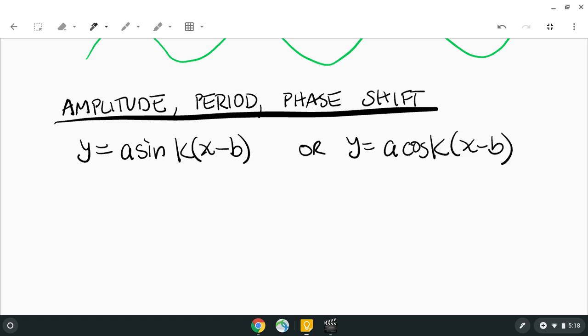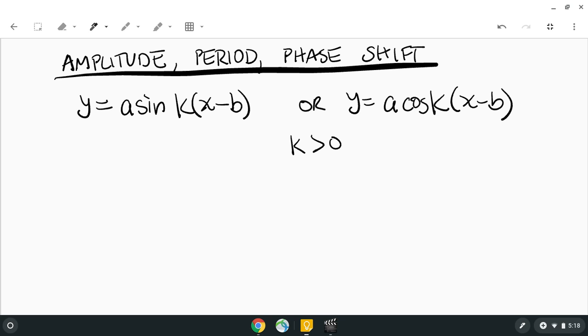So let me give you the equation for the sine and the cosine. If you have a sine function, y equals a times sine of k times x minus b.